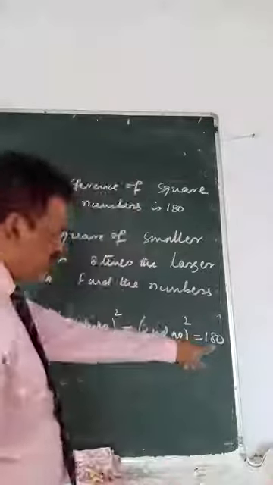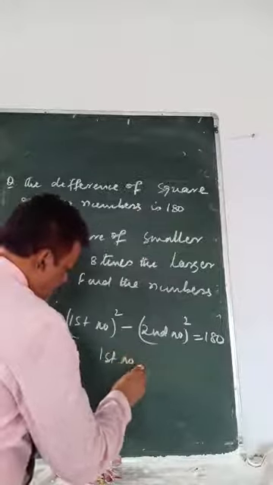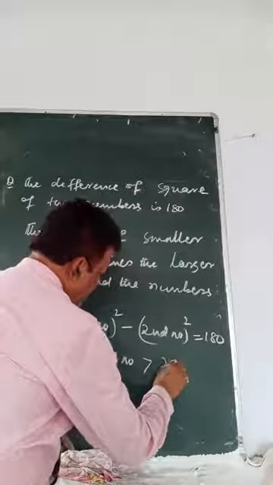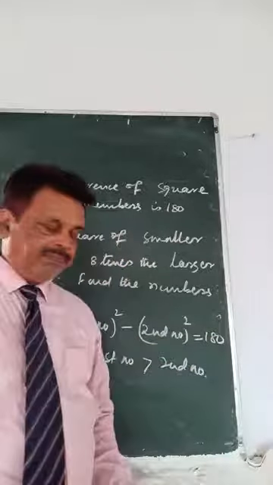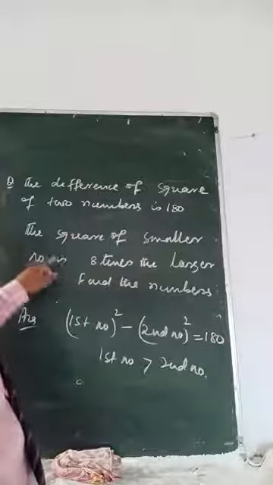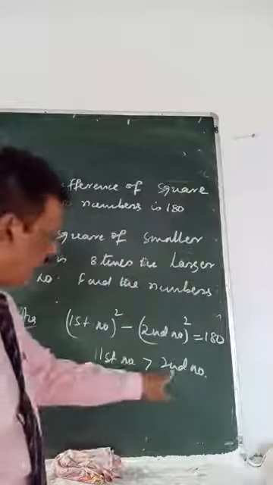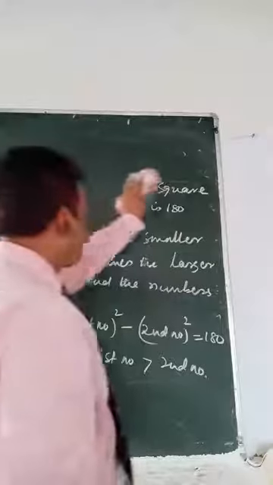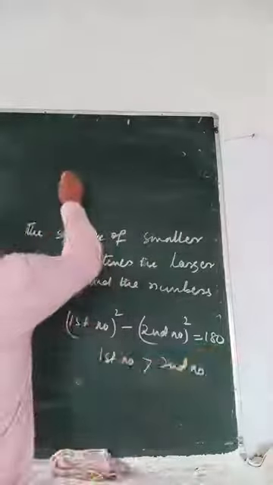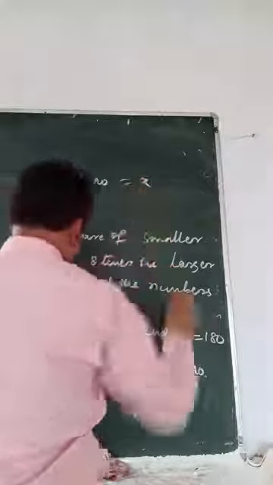When this is positive, it means your first number is greater than the second number, because the difference is positive. Now the question says the square of the smaller number. Which is smaller? The second is smaller. So suppose the second number is x.